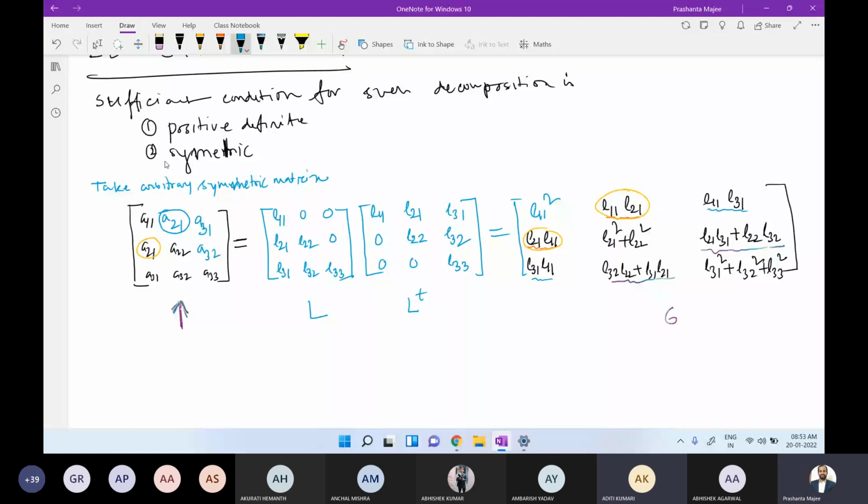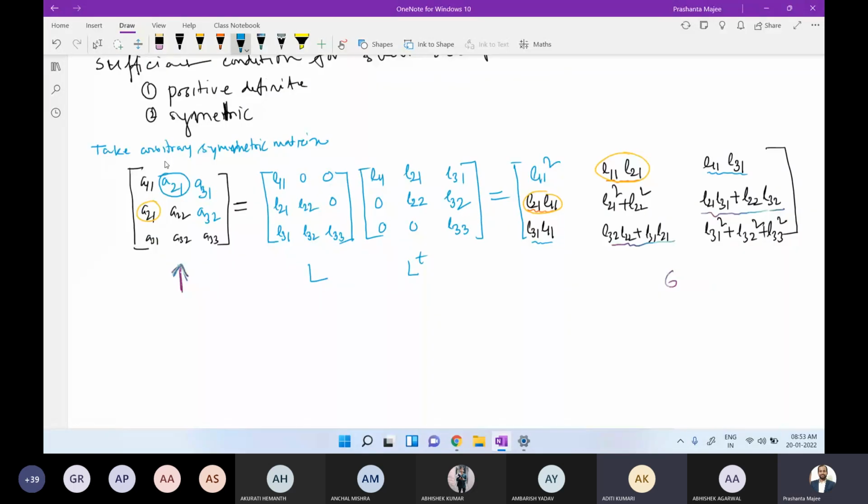So now you solve for L1, L2, L3. So how to get L1? Compare the elements of the right side matrix to the left hand side matrix and see what is happening. So let me write down. L11 is what? Under root A11.